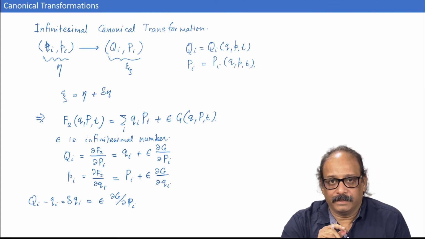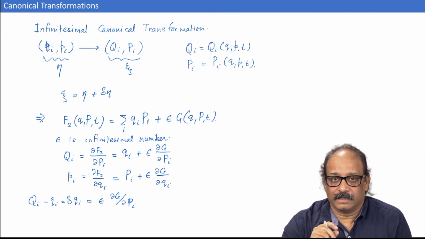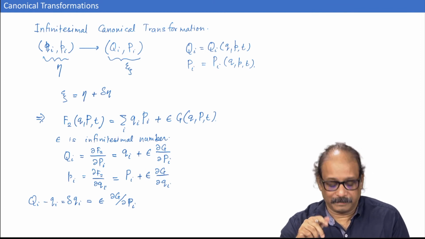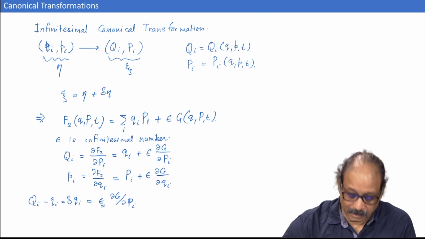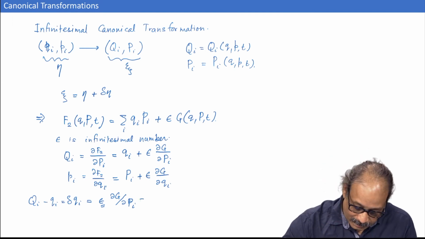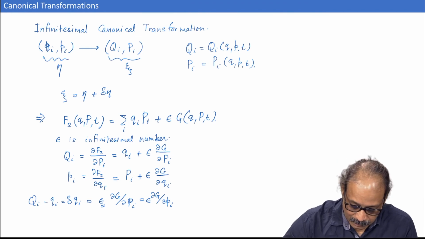The capital P is related to small p through a linear equation, and to the first order they are equal, or 0th order they are equal. The first order already has an epsilon, and then you have epsilon sitting here. So, if we want to just keep the terms in epsilon, I can also write this as del g over del small p i. Okay.